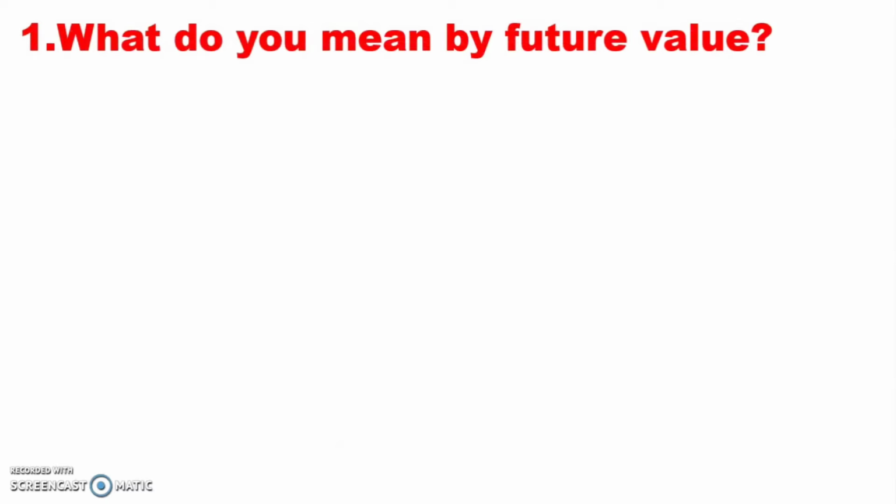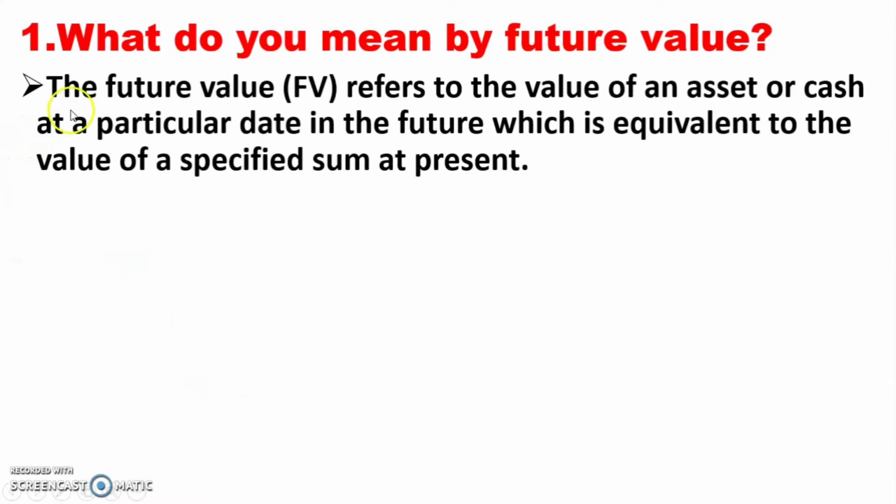Now we will discuss what is the future value, or what you understand by future value. The future value refers to the value of an asset or cash at a particular date in the future, which is equivalent to the value of a specified sum at present.